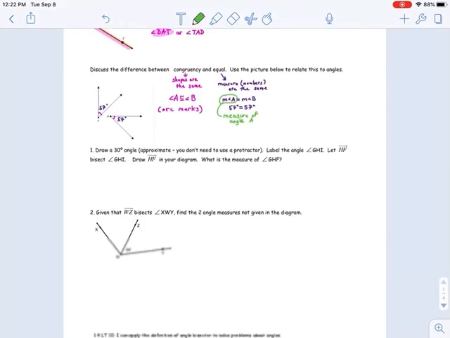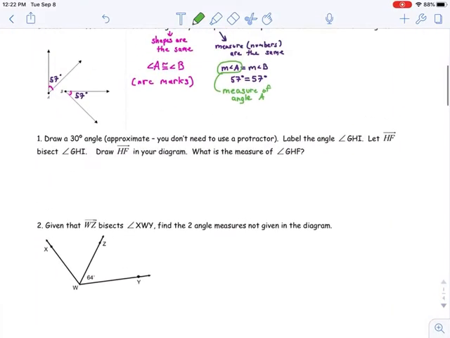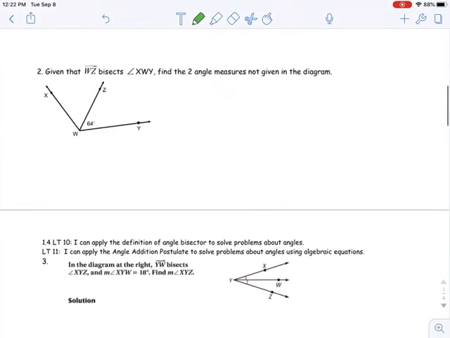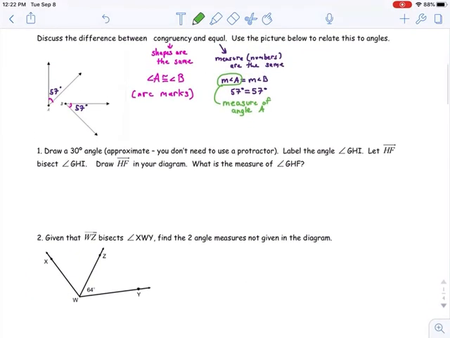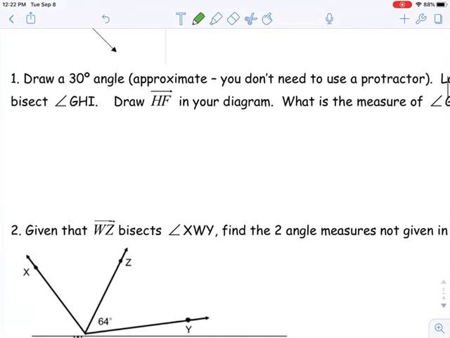Alright, and then just to emphasize stuff from yesterday, we're going to go through a series of problems and strengthen our skills. So draw a 30-degree angle. Again, we don't have to be that good at drawing. What's this angle's measure?